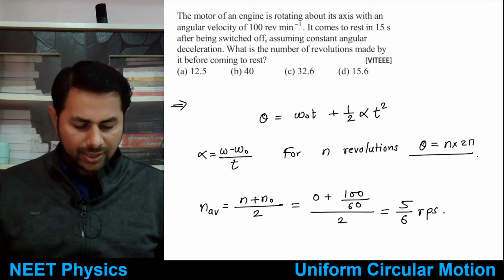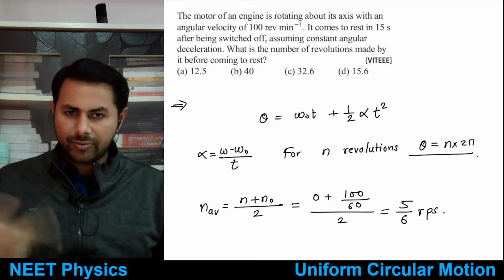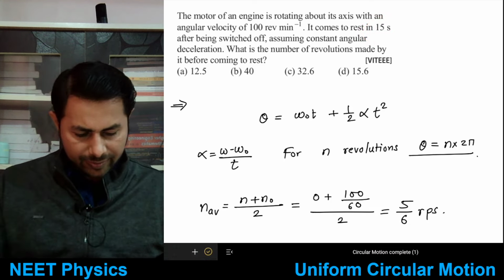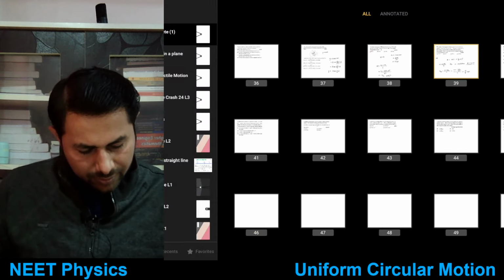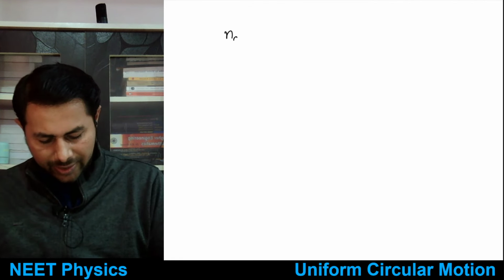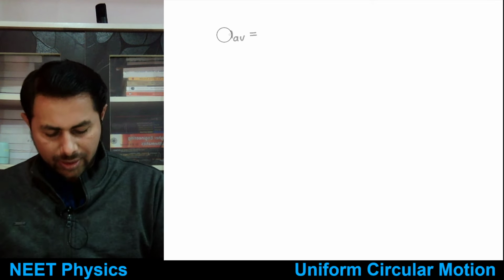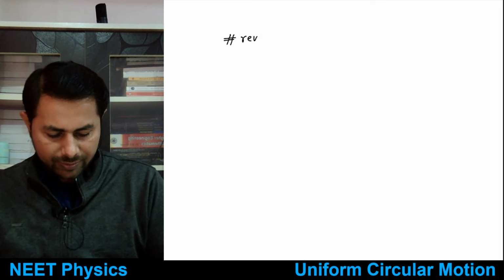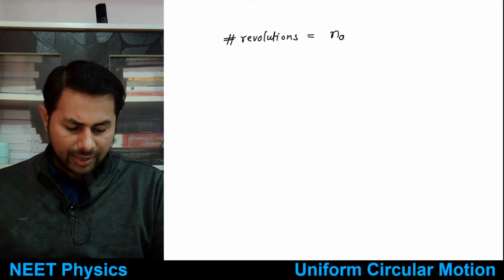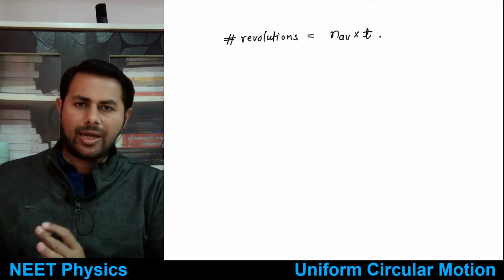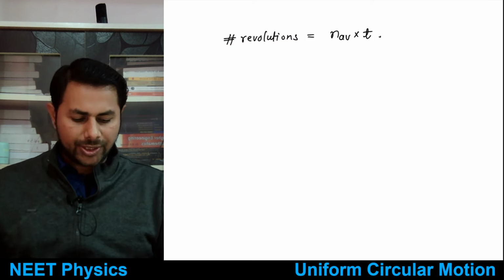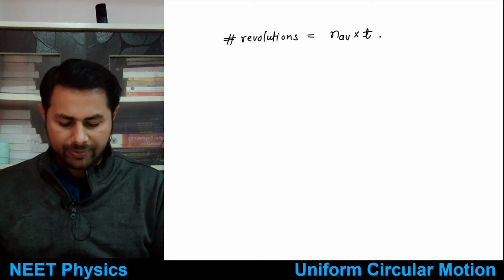And how many seconds are there? How long does it revolve before stopping? 15 seconds, that is given. So the total number of revolutions is just equal to the average frequency, n average, multiplied by time. Because average frequency is the total number of revolutions divided by time, so the total number of revolutions is average frequency multiplied by time.